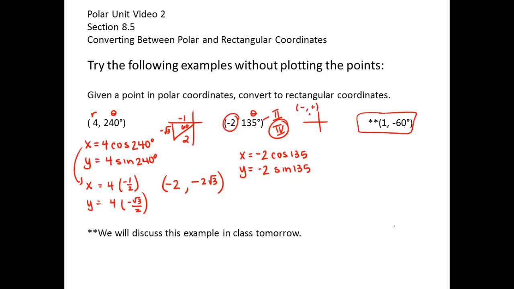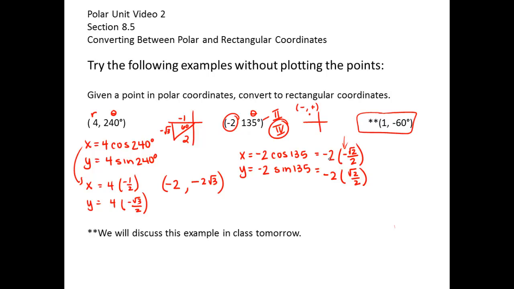I know that 135 is another 45-degree reference angle, so I'm really considering root 2 over 2 and root 2 over 2. But I do want to be careful because this is going to be negative 2 times negative root 2 over 2, whereas this one's going to be negative 2 times a positive root 2 over 2. And that comes from the negative here and the positive here. That's how we got the negative on this piece.